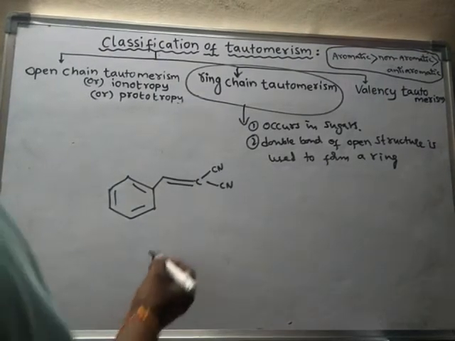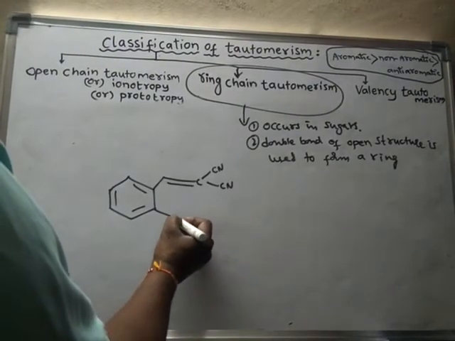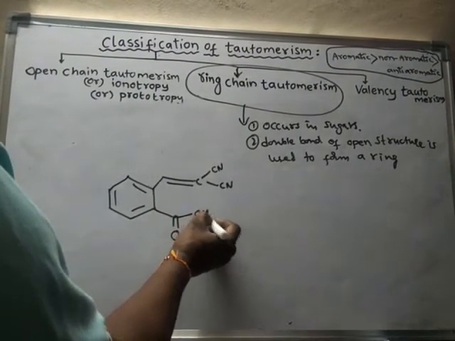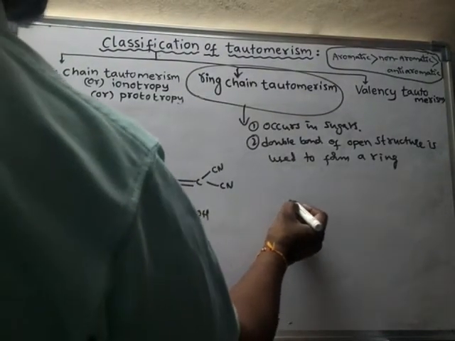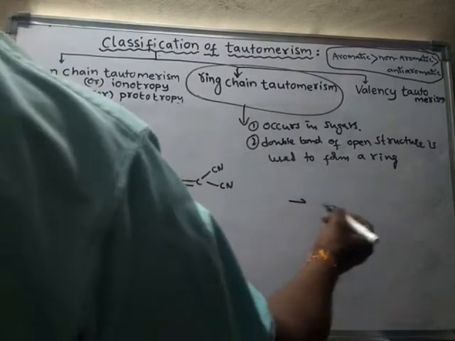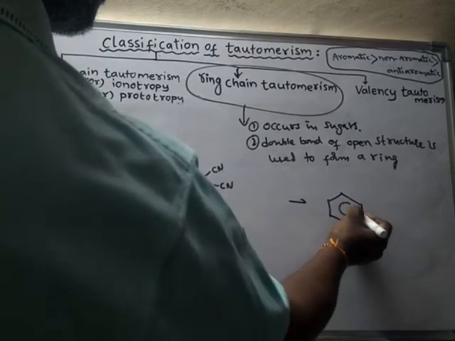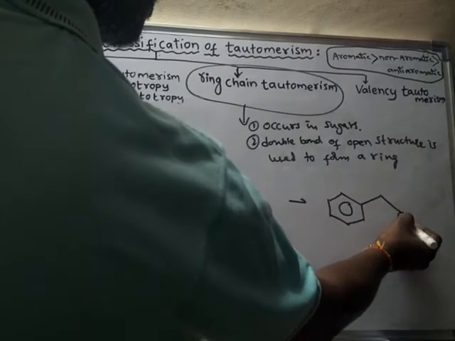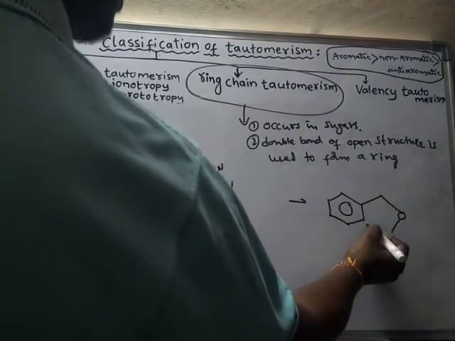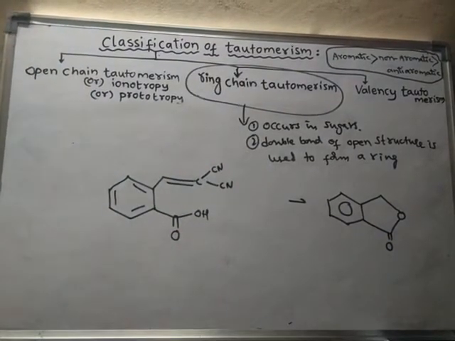Next, here again, sorry, an acid group, acid OH, is present. So what happens? This will convert into the less stable form of this one.